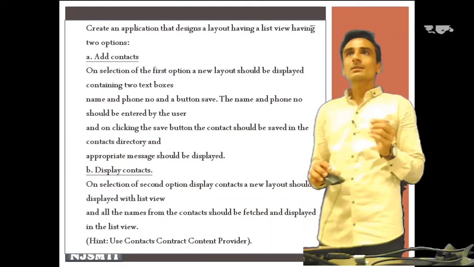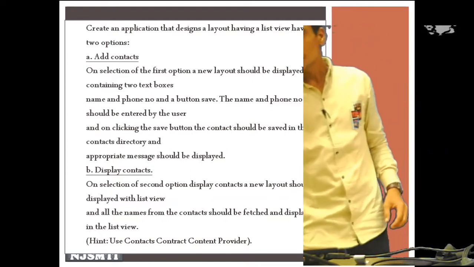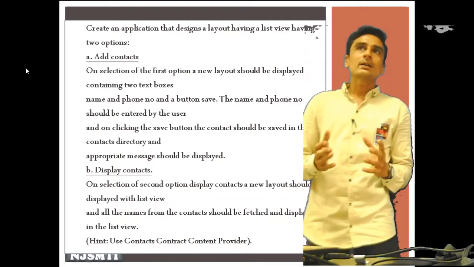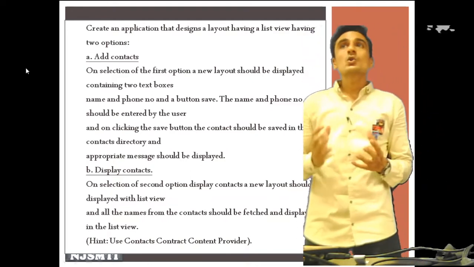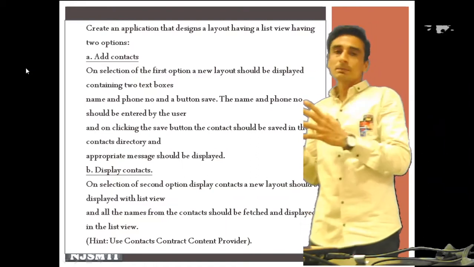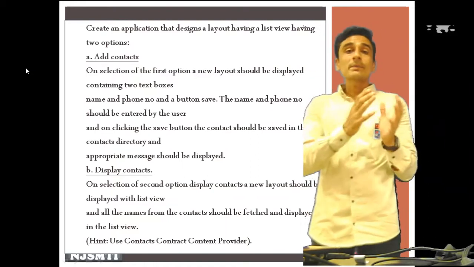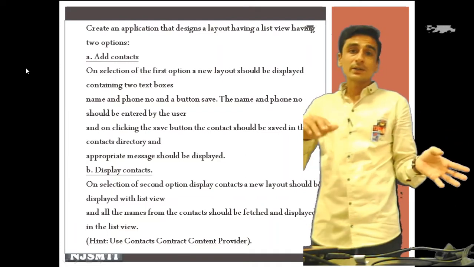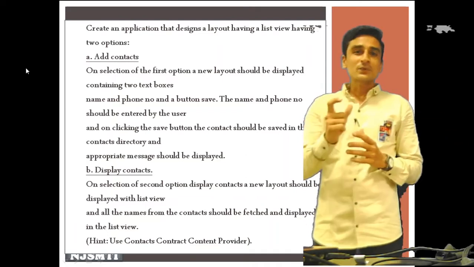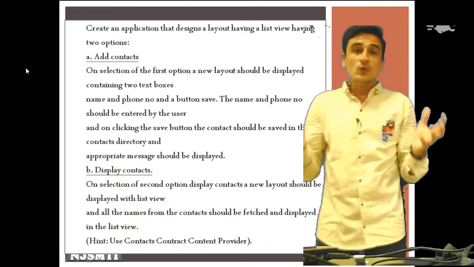So it is a simpler task to show the contacts, because it may happen that we may be asked to show contact name and contact number. In that case, contact name and contact number are in different tables internally, so we have to perform 2 queries.